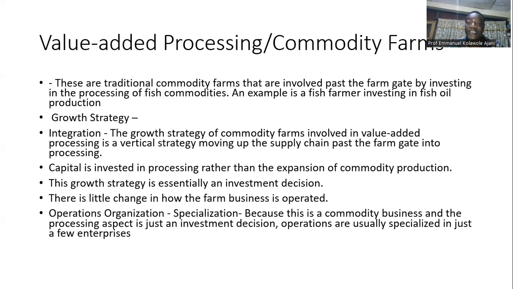The growth strategy is an essential investment decision. A farmer may say, I don't want to be selling my product fresh. I want to add value to it and make money. It's an investment decision, and there's little change in how the farm business is operated.